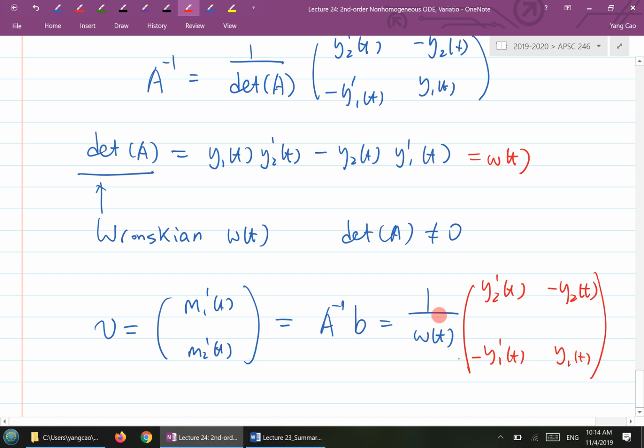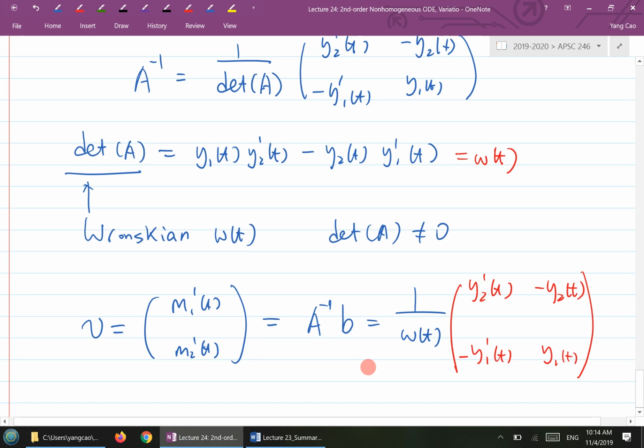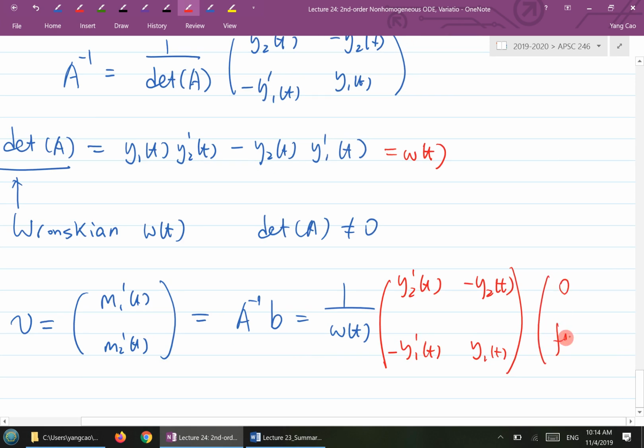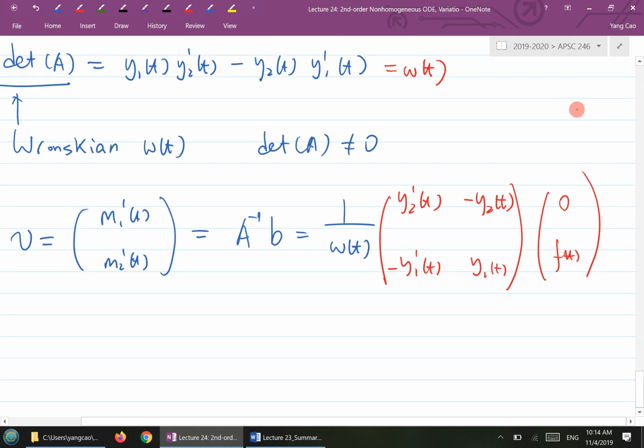That's A inverse times B. What's B? B is 0, f(t). This is your solution, but it is not for m1, m2. It's for m1 prime and m2 prime, the derivatives of m1 and m2.